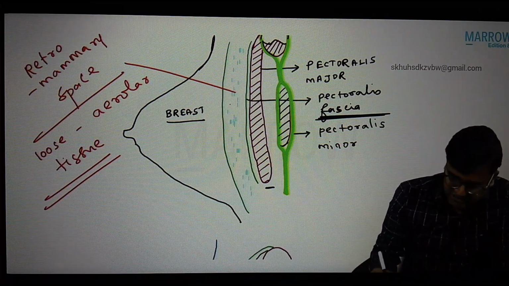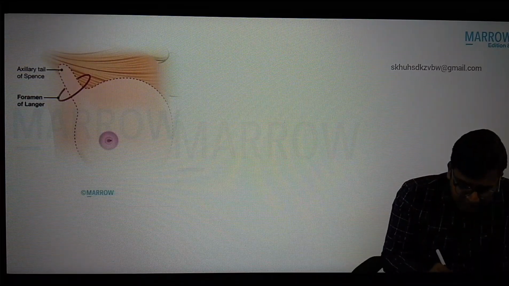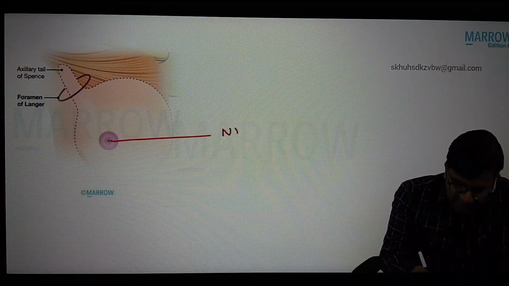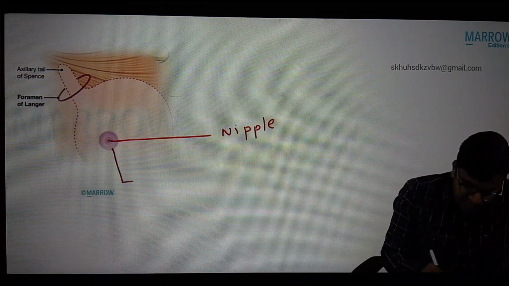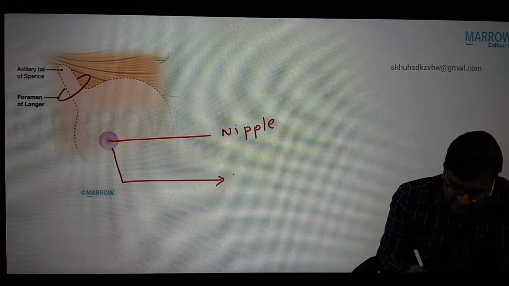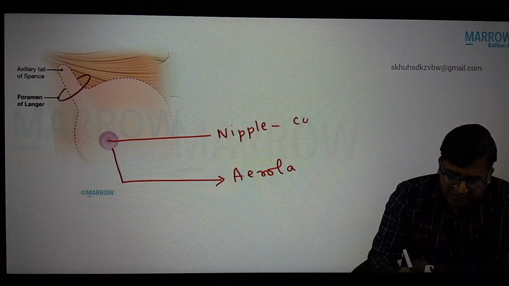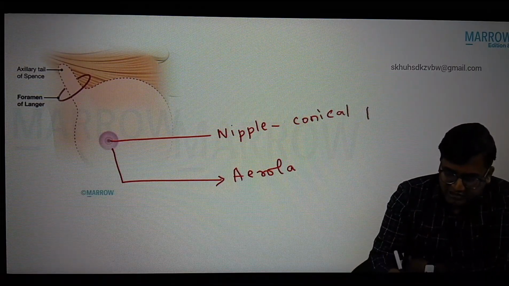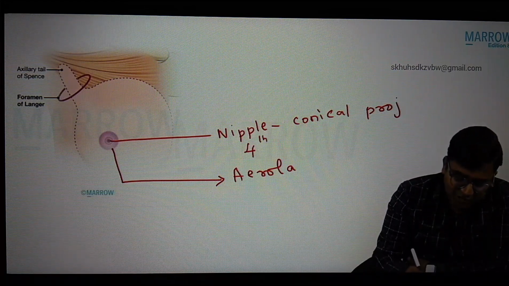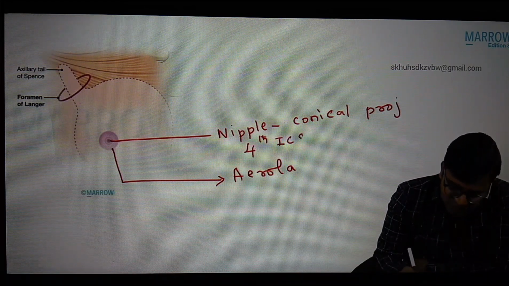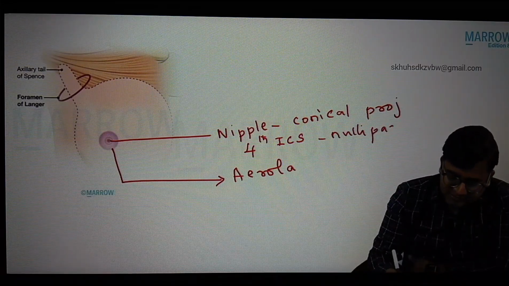After the discussion about the retromammary space, here we are seeing a few more parts of the breast. This is the nipple, and this is the pigmented area called the areola. The nipple is the conical projection seen at the fourth intercostal space in the nulliparous woman.